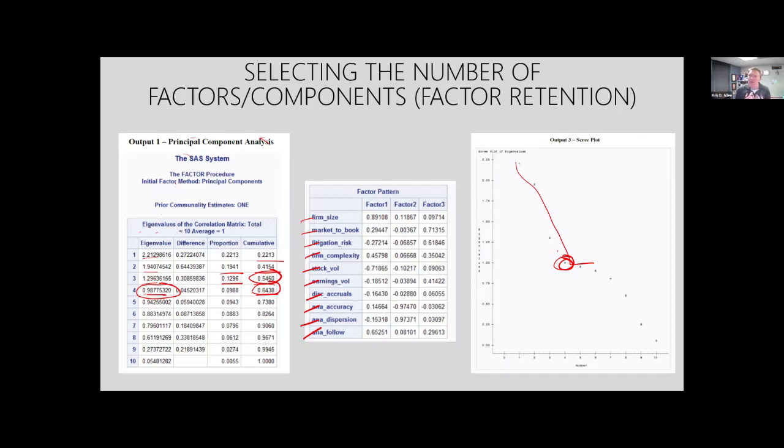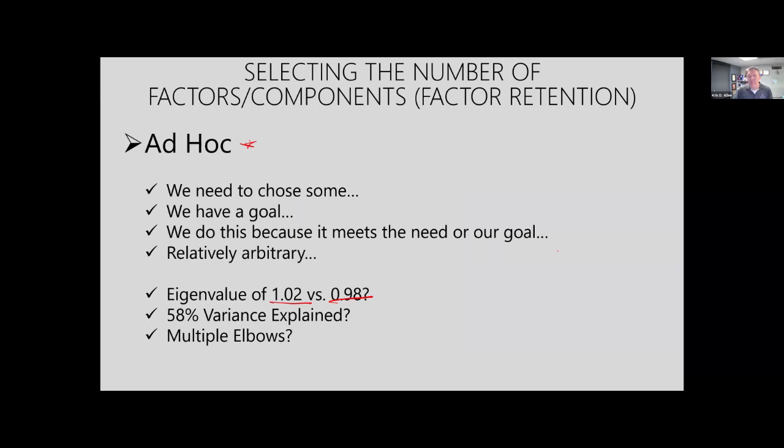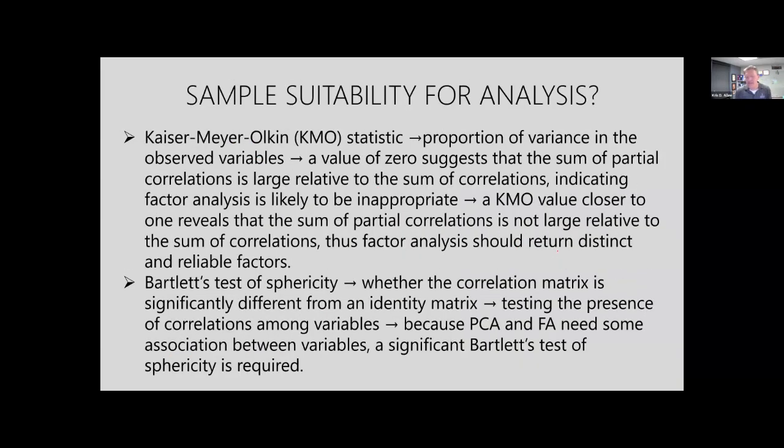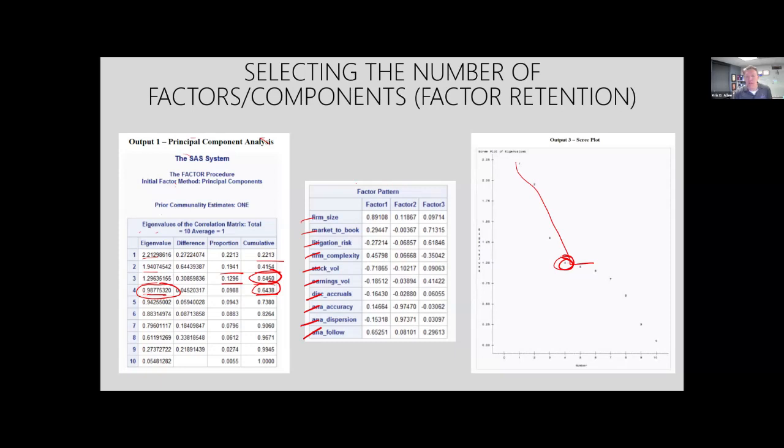But as a reviewer, I would like to see this information. As a reader of a paper, I would like to see the assumptions that are happening to understand why somebody might, when they're trying to measure information environment, I guess I had too many slides back, but when you're trying to measure information environment, why might you want more than 3 factors to measure the firm's information environment? That's an example of use of factor analysis for firm's information environment, as well as the problems associated with doing that, okay?